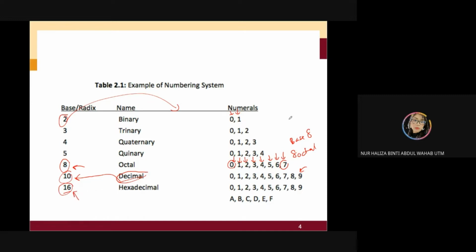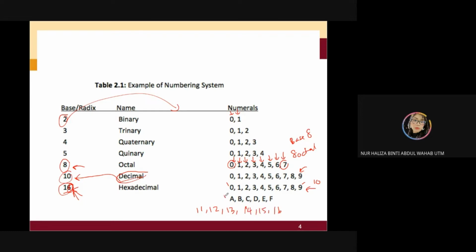And lastly, we're going to have hexadecimal, which is base 16. This is slightly different because you have 0 until 9, which altogether is 10 digits. Supposedly you need another 6 digits, right? But it is not continuous with 11, 12, 13, 14, 15, 16.